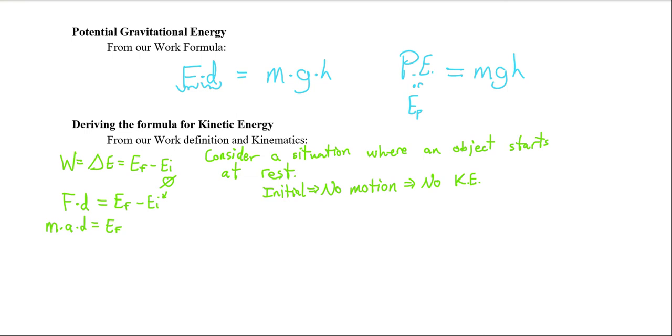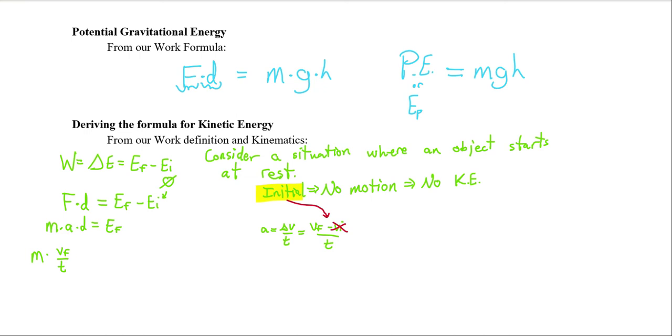We know two things. One, the acceleration is the change in velocity over time, or the final velocity minus the initial velocity over time. But in this case, again, we said that our initial velocity is 0, so we get to throw that away. And so I'll have mass times final velocity minus 0, which just means final velocity, over time is my acceleration.